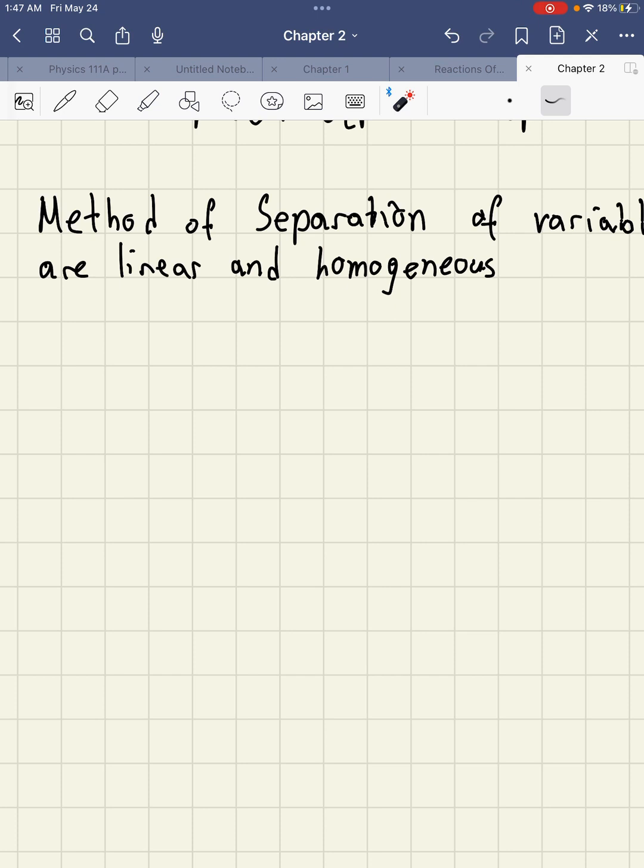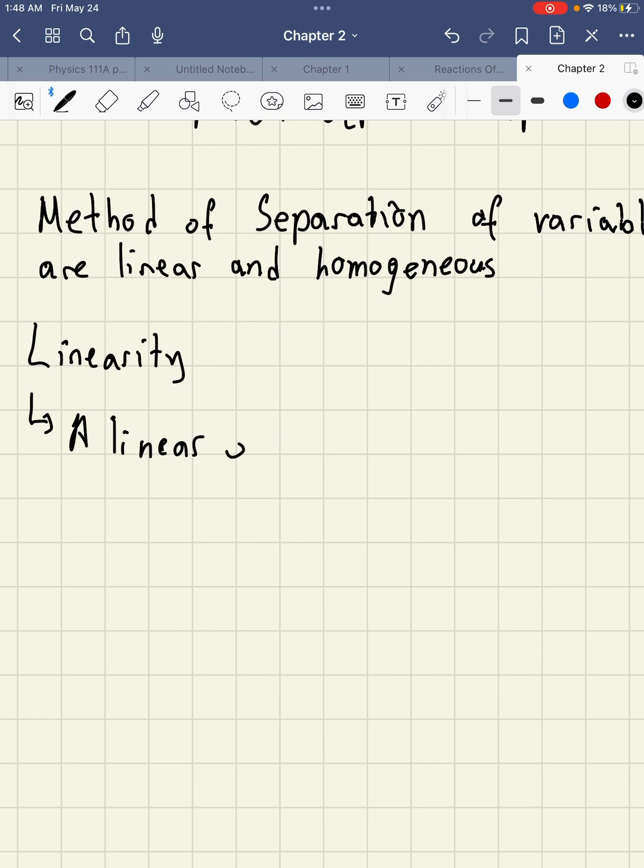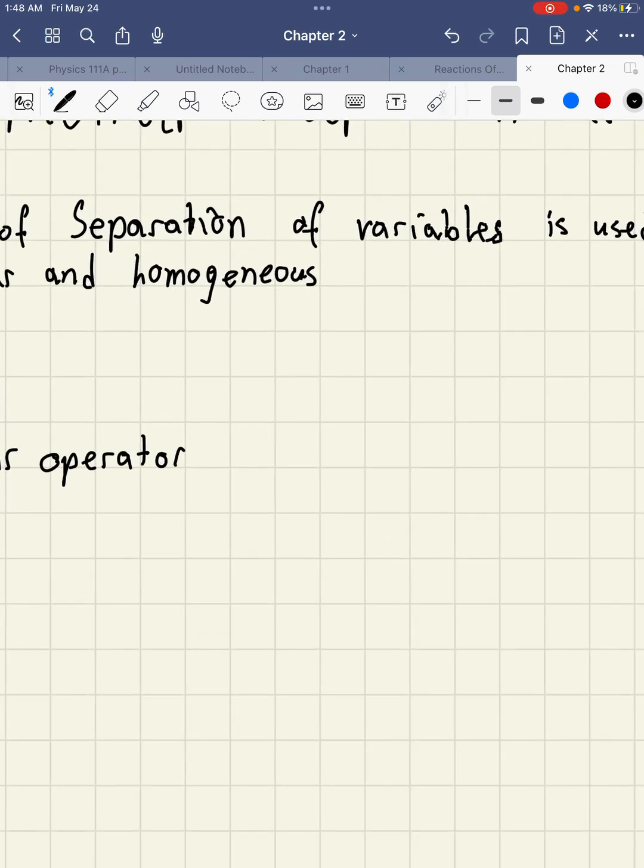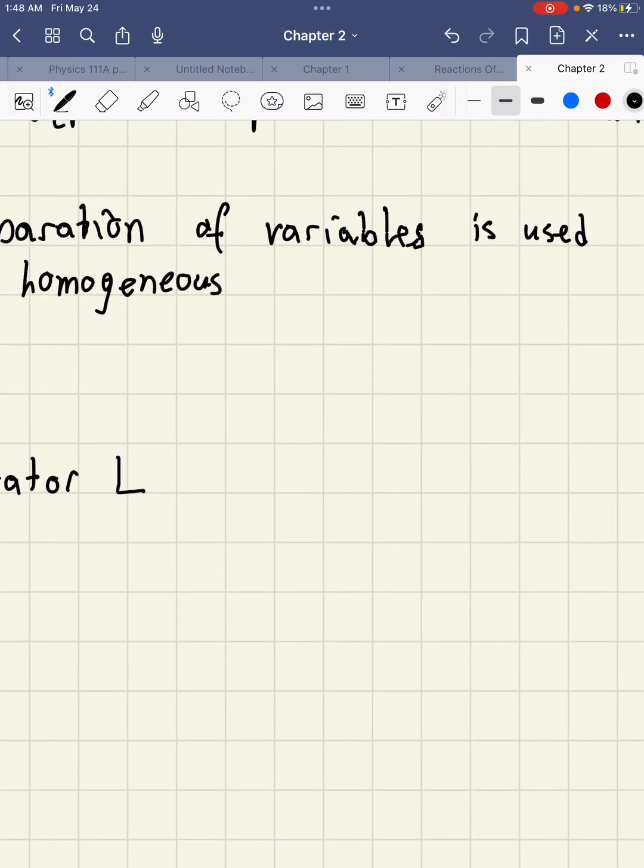Before we start to solve it, let me refresh your memory about linearity and homogeneity. So let's start with linearity. A linear operator, which we can symbolize by the letter L, is defined as follows.